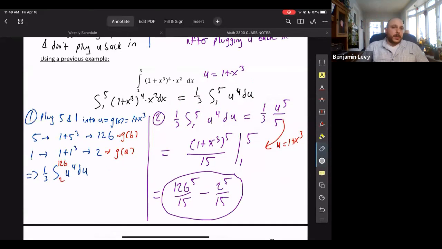Some people like this method better because integrating u to the 4th is easy, and then you just plug the numbers right in. Some people get confused by it though, which is why they avoid it. You can do whichever one you like.